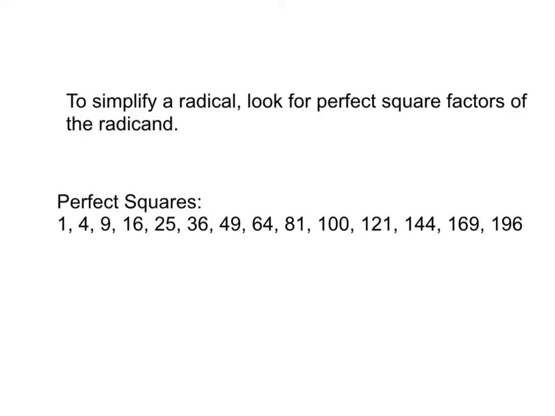To simplify a radical, we mean to look for perfect square factors of the radicand so that we can rewrite the radical so that the radicand is as small as possible. So if we have a radicand that's a perfect square, life is easy because the square root of a perfect square is a whole number. So if I were to take the square roots of any of these perfect squares, I would get a whole number. Square root of 36 is actually equal to 6.